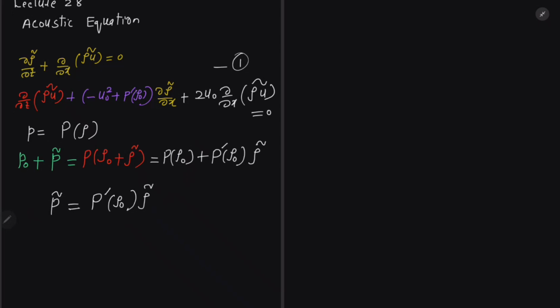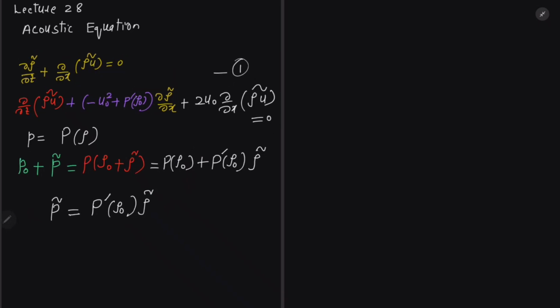Similarly, let me introduce a new variable. What we achieved first, I need to discuss this equation first. What we achieved over here is that the pressure P is written in terms of density.